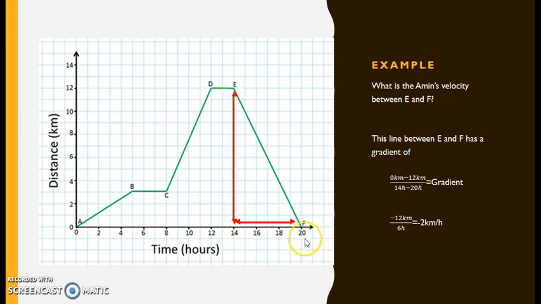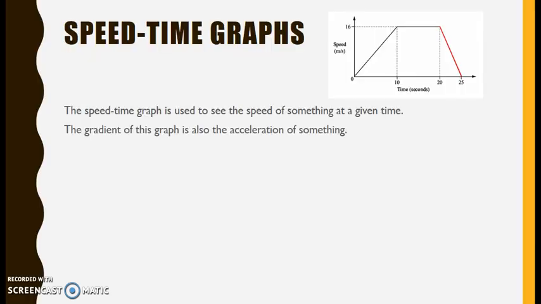So 0 minus 12 becomes negative 12. And over here is 14 and over here is 20. So 14 minus 20, that's 6 in size. So negative 12 divided by 6 is negative 2 kilometers an hour. Remember the negative because he's going backwards. Because he's an idiot.